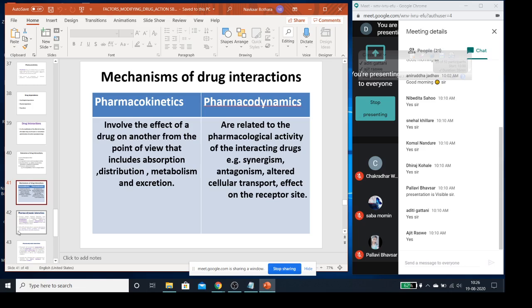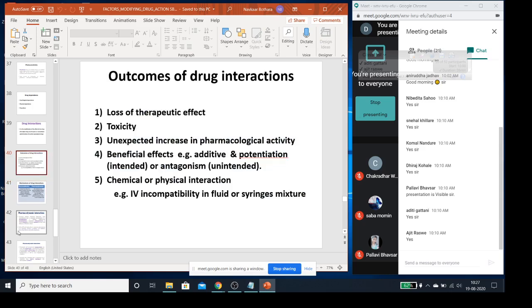You will have this chapter later, and therefore I am not going into detail now, but this will help you understand what we mean by various drug interactions. Pharmacodynamics, we have already seen: synergism, antagonism, altered cellular transport, effect on the receptor site, change in the impact. These are the various mechanisms of drug action.